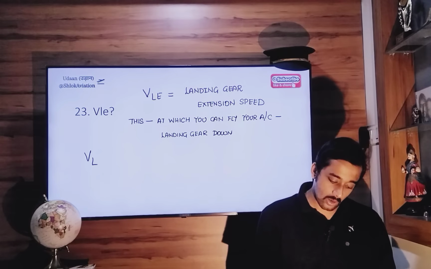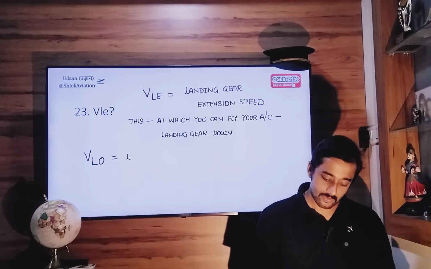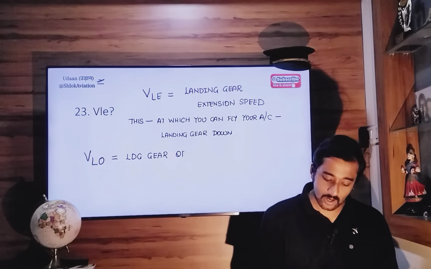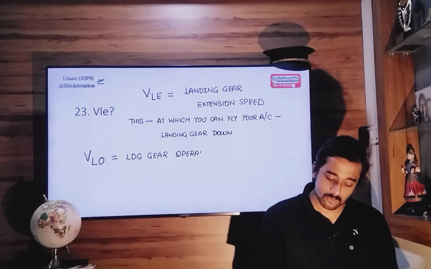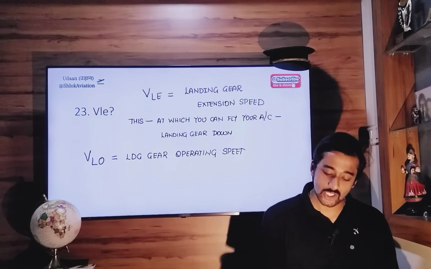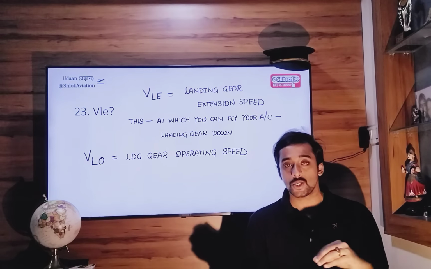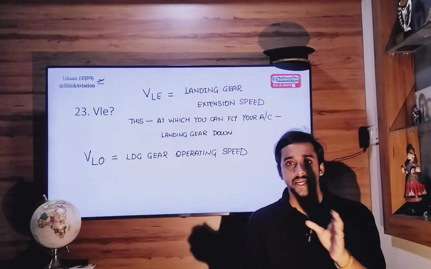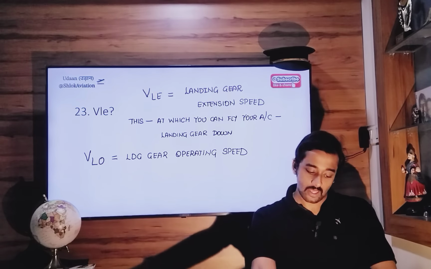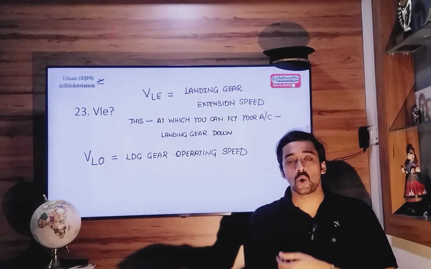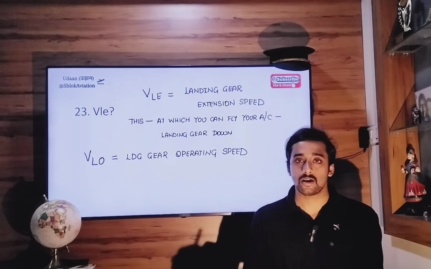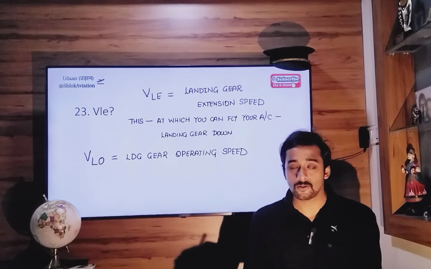Contrary to this, VLO is landing gear operating speed. What is landing gear operating speed? It is the maximum speed at which you will operate your landing gear. That means you are coming down for descent, approach, landing. During your approach phase, you will decide to lower your landing gear from the fuselage. The landing gear will be positioned inside your fuselage.